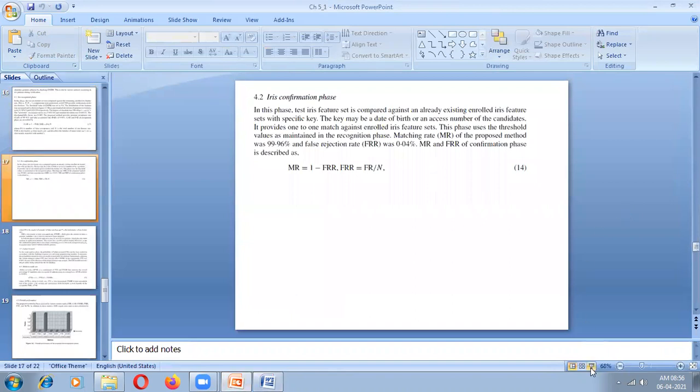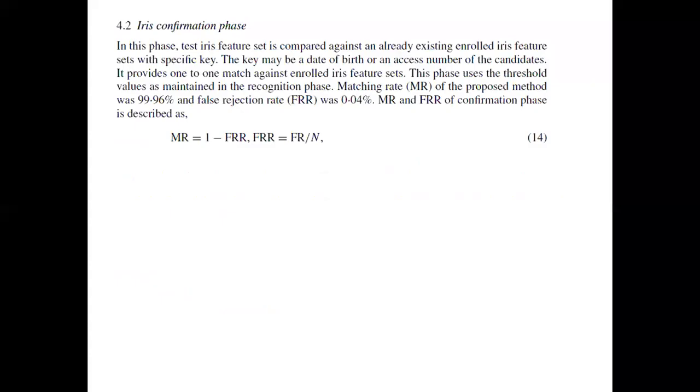Iris confirmation phase. In the iris confirmation phase, we have matching rate equivalent to 1 minus false reject rate. False reject rate equivalent to false reject divided by n. So what do you mean by the false reject rate?